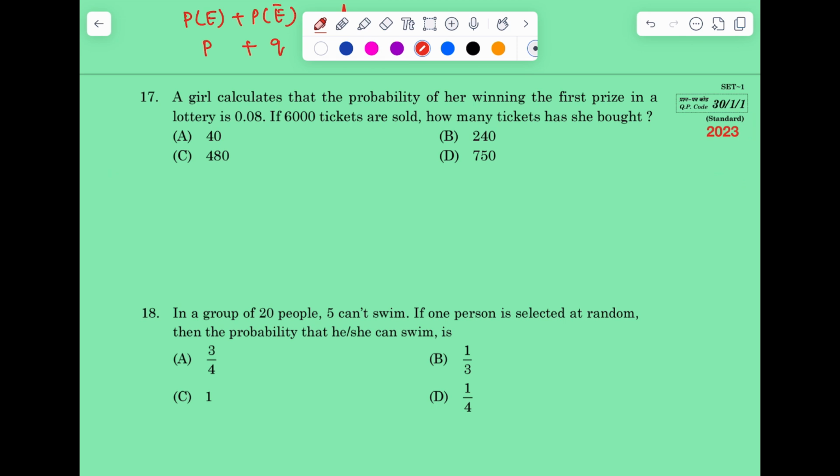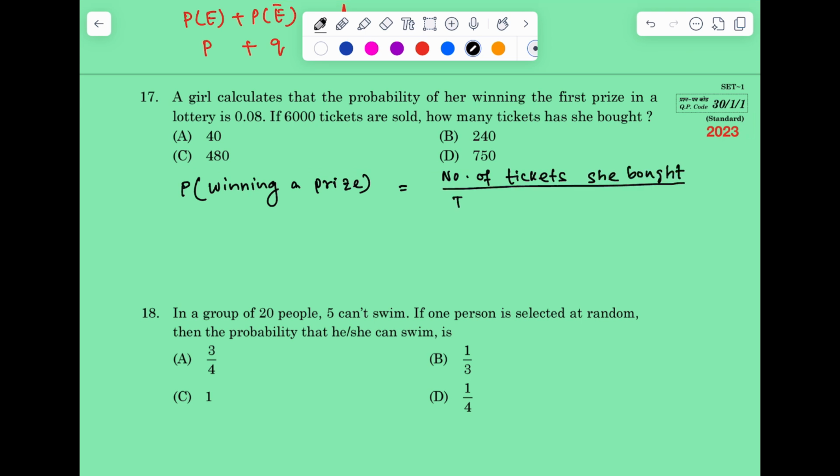Question number 17. A girl calculates that the probability of her winning the first prize in the lottery is 0.08. That means the probability of winning a prize in the lottery is equal to the number of tickets she bought divided by the total number of tickets sold, because she will win from her own purchased tickets, and the total number of tickets sold is equal to 6000.